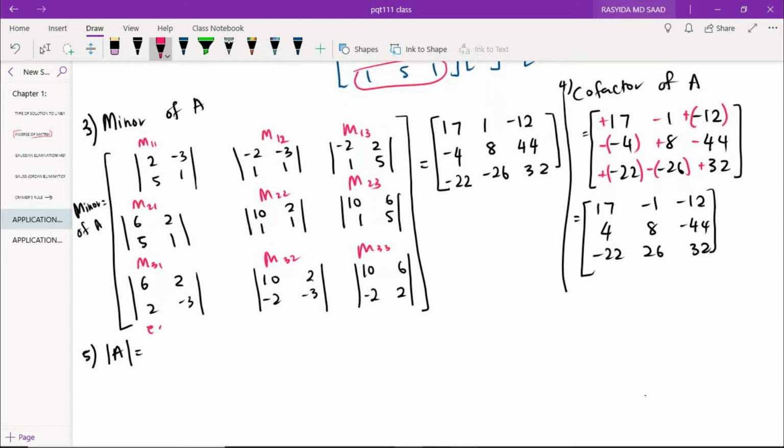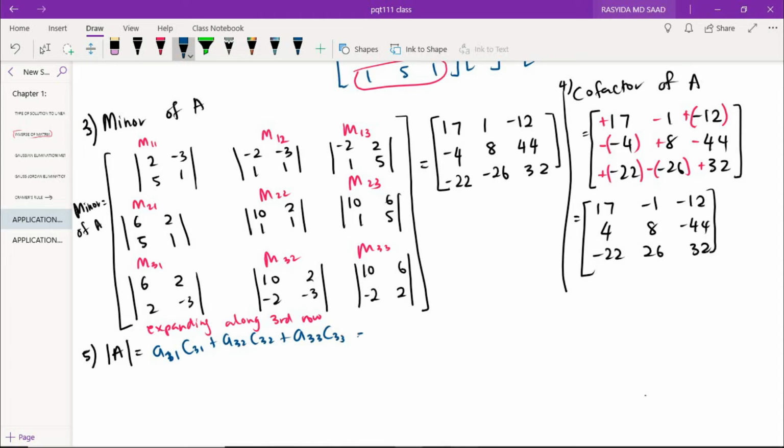Right now is expanding along the third row. So we have a31 C31 plus a32 C32 plus a33 C33.